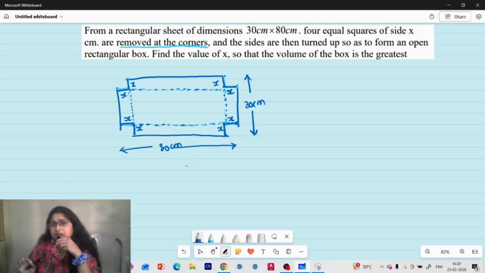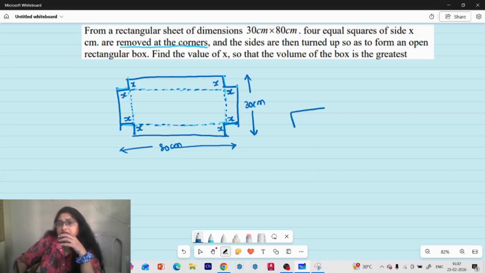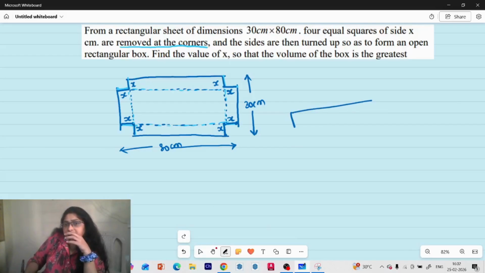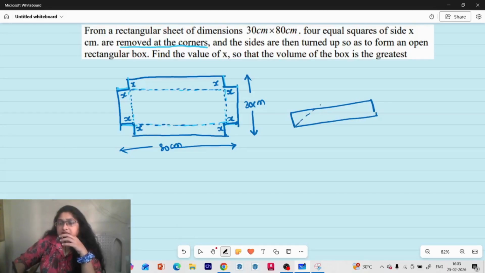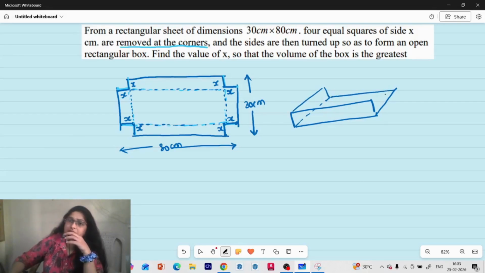Now for what value of x is the volume of the box the greatest? We have to write an equation for the volume of the box being formed. So now a small box is formed like this, where we are folding up the flaps.